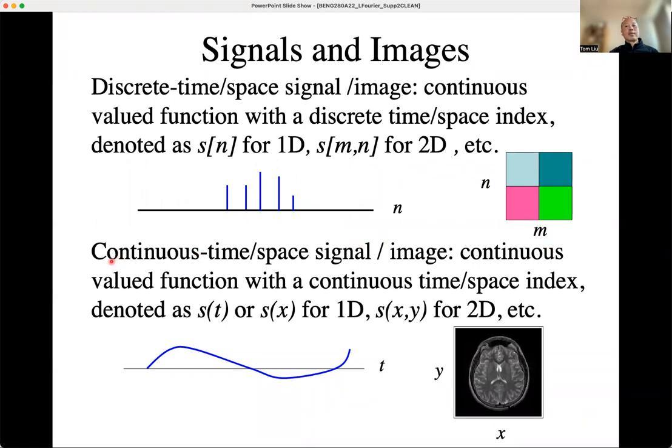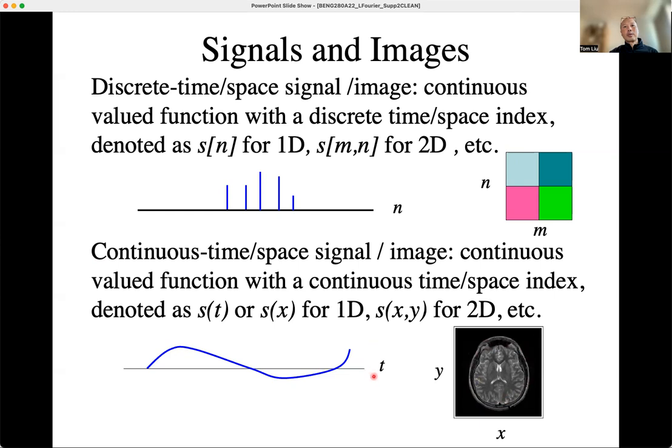And then typically what we're interested in imaging is something that we consider to be continuous, in time. This might be, for example, a waveform of someone's speech or some sound, or we imagine some continuous object.